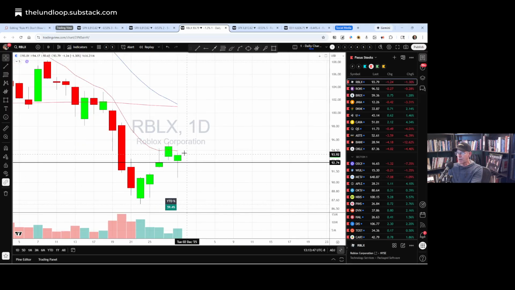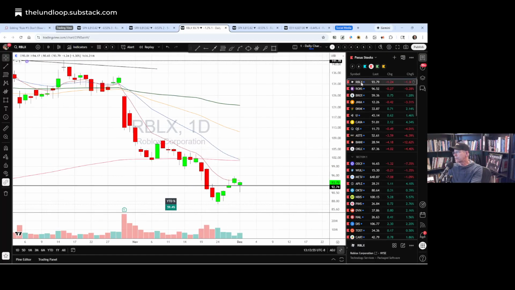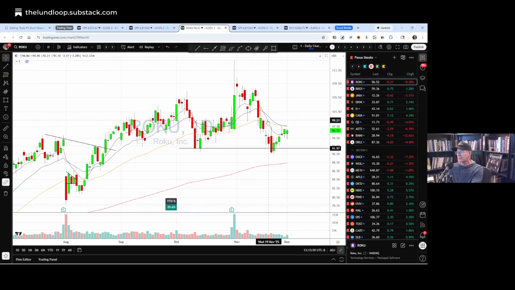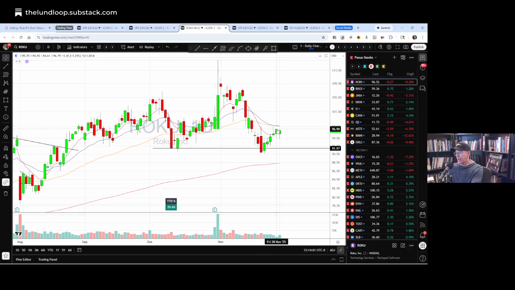Again, this is a spot where you can define your risk. Above here, you get long. Below here, or again, here if you're more conservative, you're wrong. So that goes to the green list. Roku, similar thing. There's that 2-bar pattern after coming back in and holding a support level. I like that. So that goes to the green list.